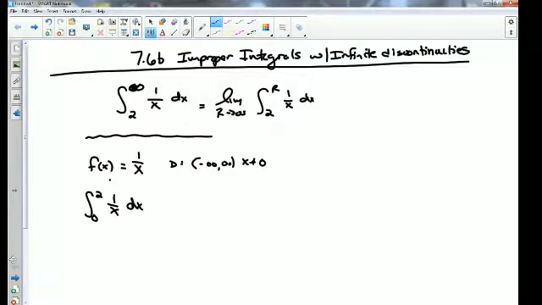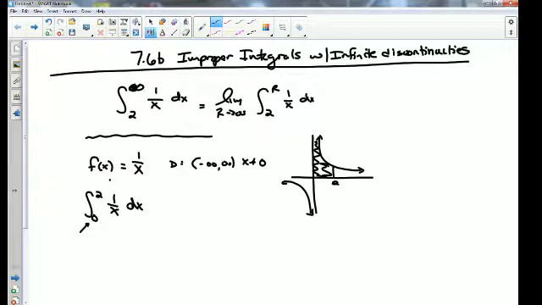Calculate the answer to that. Is there an area under that curve between the curve and the x-axis? Noticing that our infinite discontinuity is right there. And if you remember, there's the graph. So basically we're trying to calculate that area.